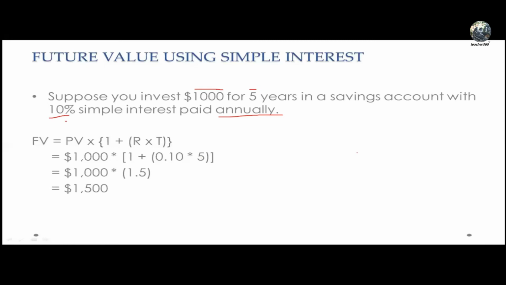Since your annual interest is 10%, then every year you will earn $100. In 5 years, you will earn $500 as interest. So $500 plus your present value or invested amount of money $1,000 is $1,500.